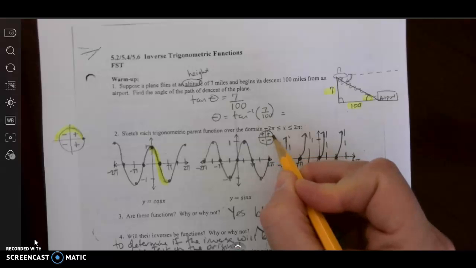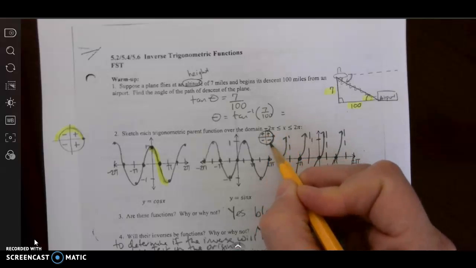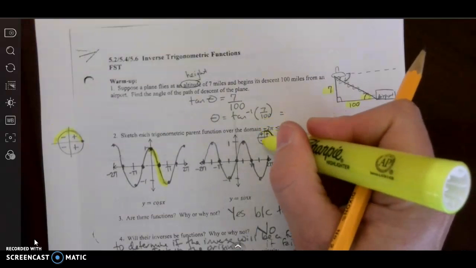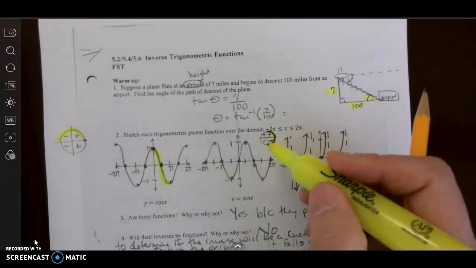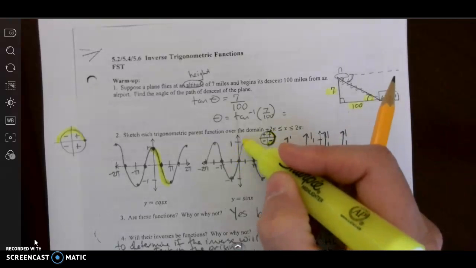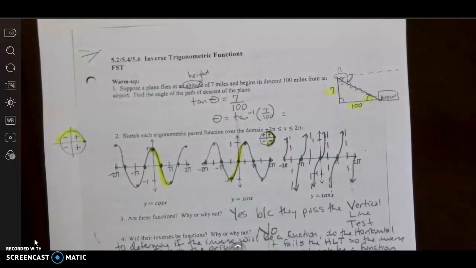So I'm going to go from here to here. Now this might seem like it's not a continuous piece because we're here, we jump over, and then we're here. So we have to define this piece here, which is quadrants 1 and quadrant 4, like this. That's the piece on sine.